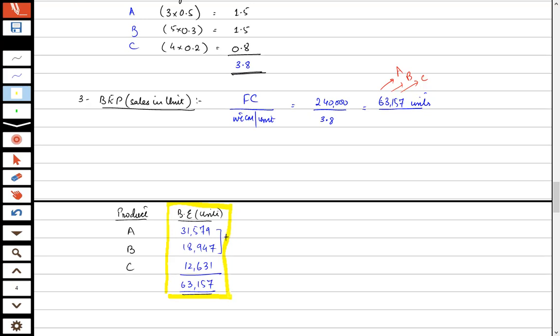And to find the total sales in dollars, we will simply multiply the units by their unit sale price, that is 10, 20, and 15. So it will give us the dollar amount of break even sales, which would be 315,790.